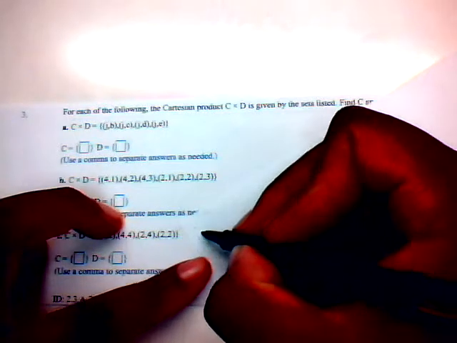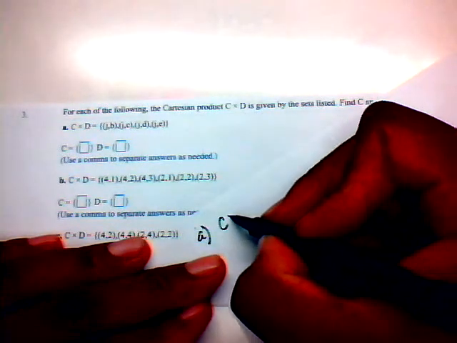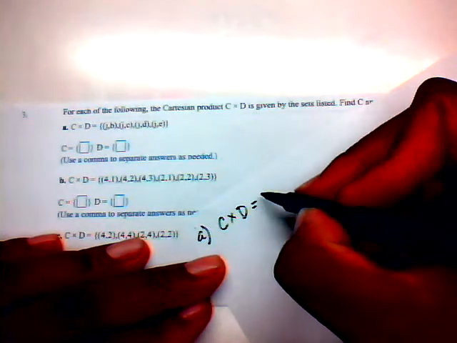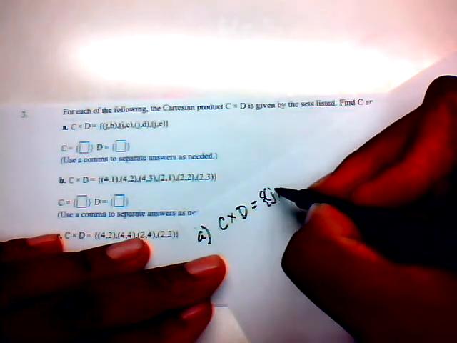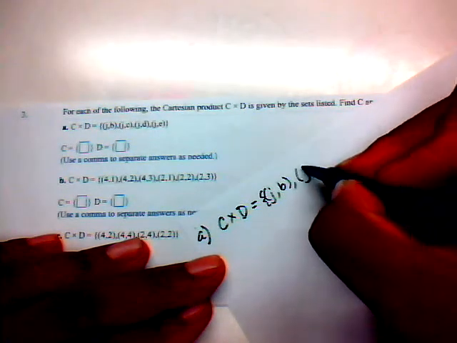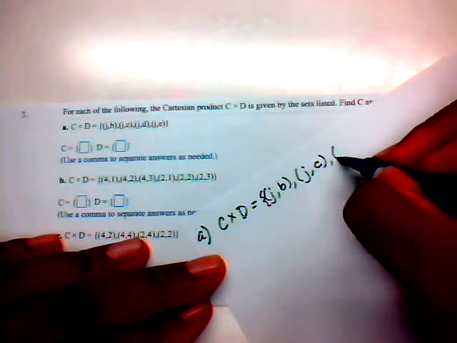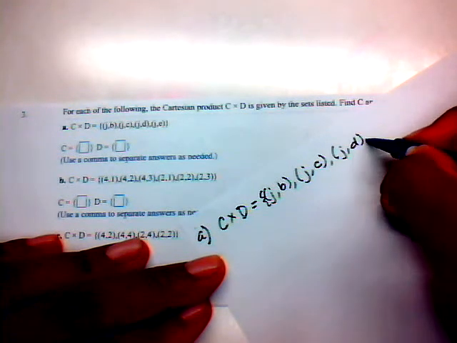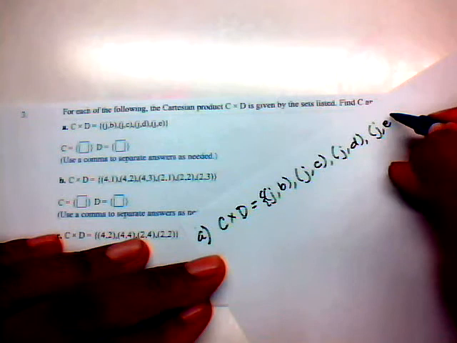So in this case here, this is part A. C cross D was this: (J, B), (J, C), (J, D), (J, E).